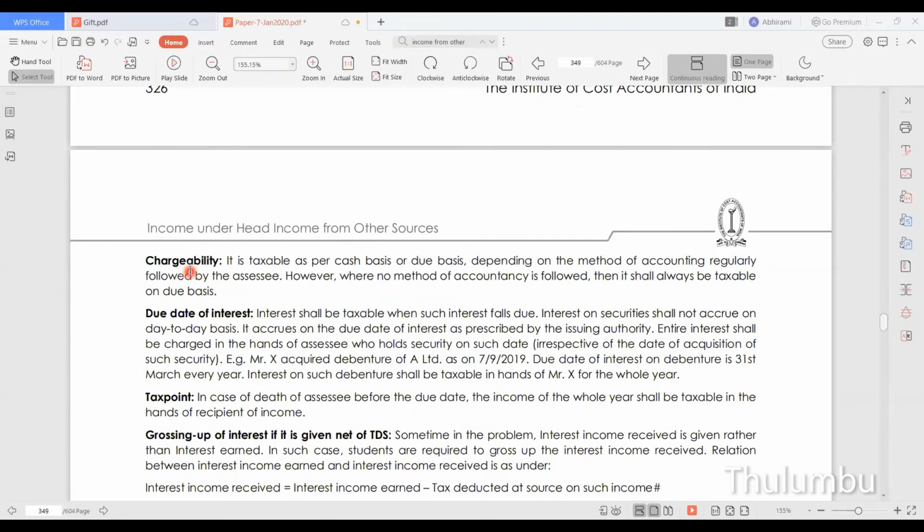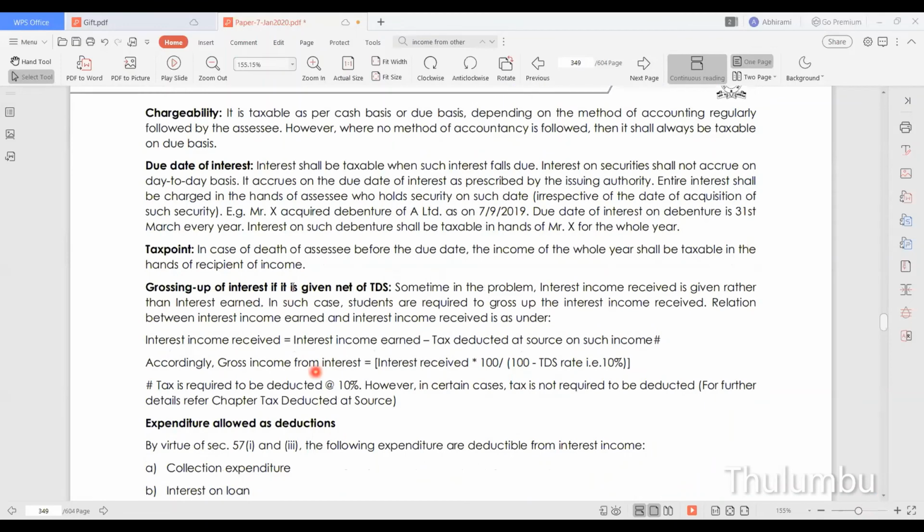So chargeability: it is taxable either on cash basis or due basis. If there is TDS, the amount before deducting TDS is the income. For example, say my interest is 1 lakh, and after deducting 10% TDS they give me only 90,000.